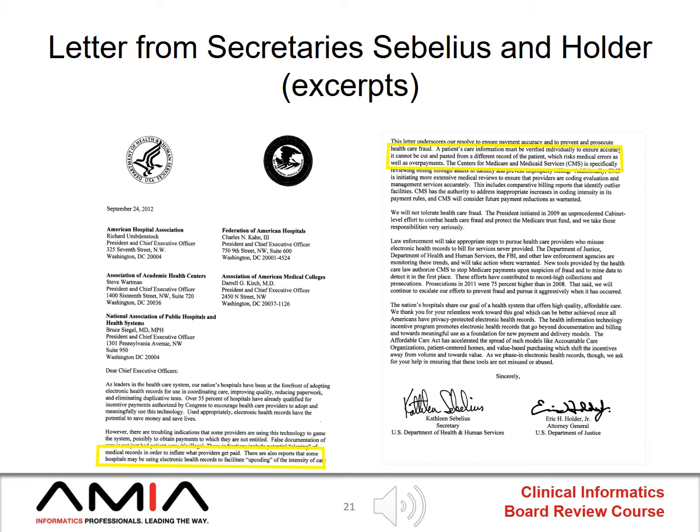One of the sections of this letter was mailed to American Hospital Association members, American Association of Academic Health Centers, American medical colleges, and many other organizations. It contains words that talk about how a record is created using copy and paste, and the concern that copy and paste be used appropriately.